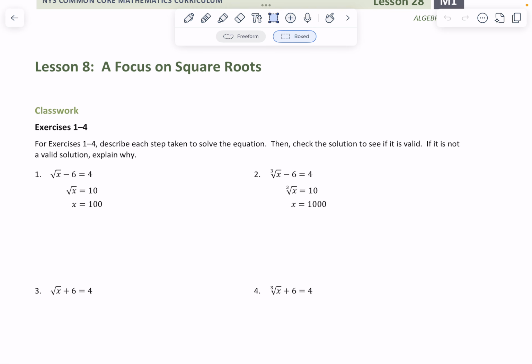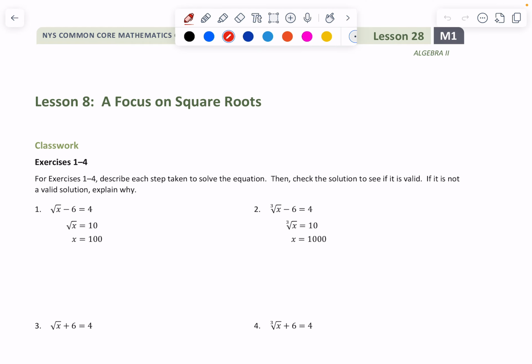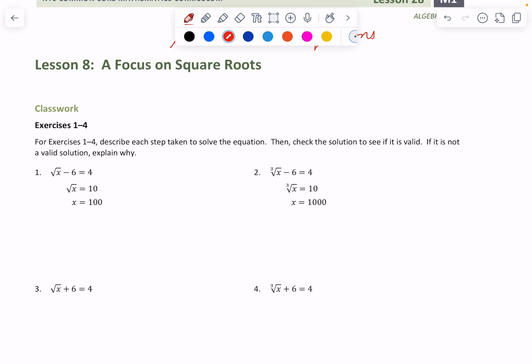All right, this was the first lesson that we looked at where we needed to solve radical equations. And we began by just looking at and discussing these first two equations, numbers 1 and 2, and trying to identify what steps were taken to solve.